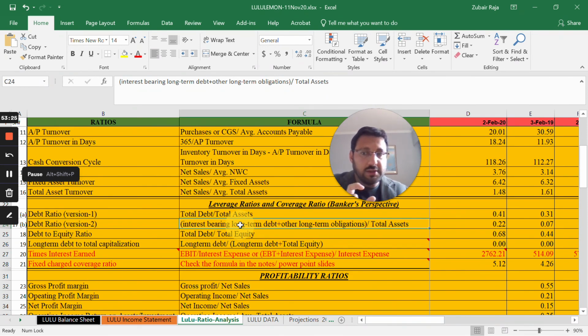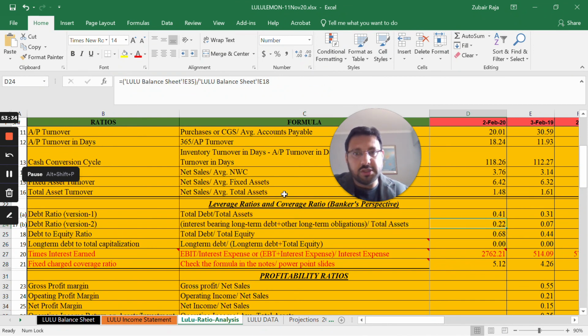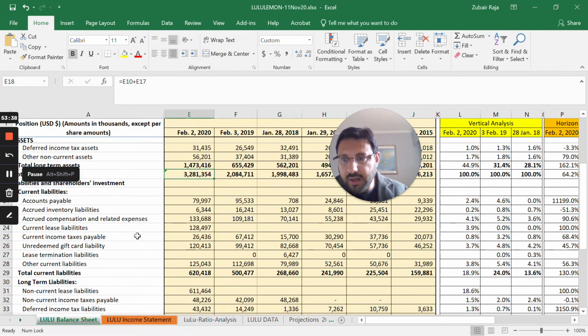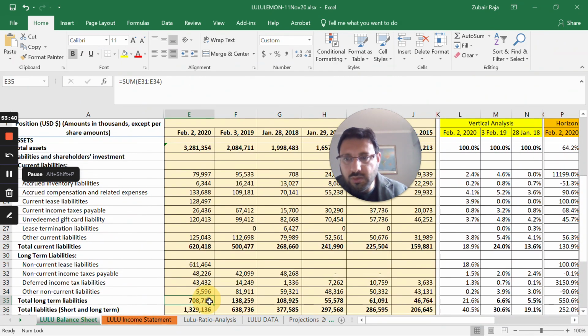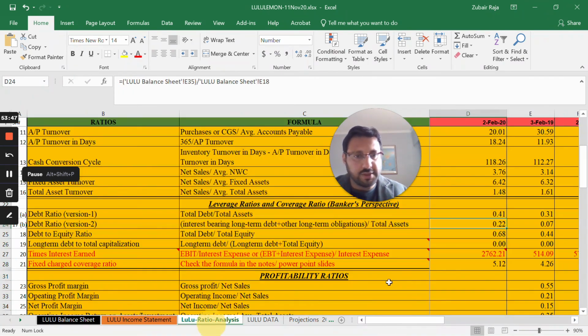I have taken that in version 2 and calculated these two. In case of Lululemon, there is no interest-bearing loan, so I simply took one number from E35. If you go into the E35, what I have over here is only the long-term liabilities, which will include all the long-term obligations.